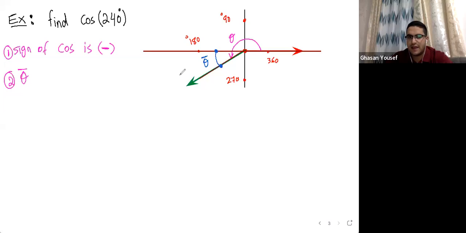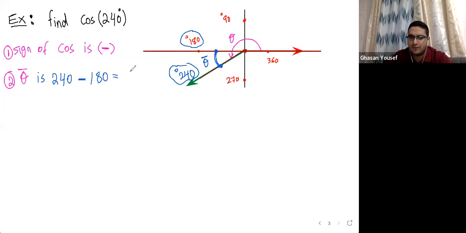So my terminal side here, the angle is 240, correct? And the angle here is 180. So the reference angle, the blue one, should be 240 minus 180. This is my reference angle.